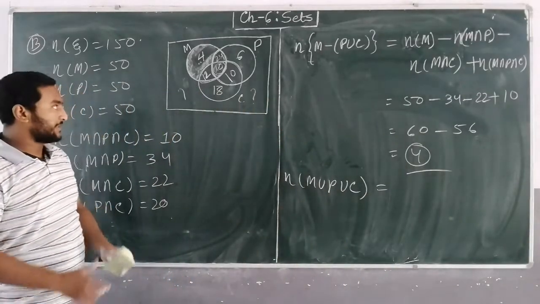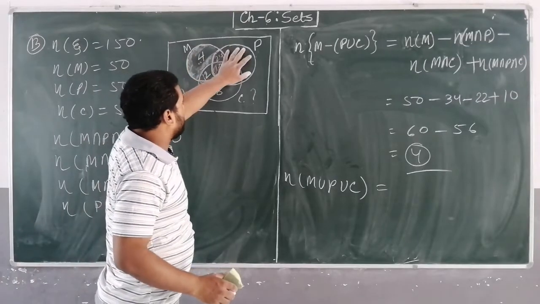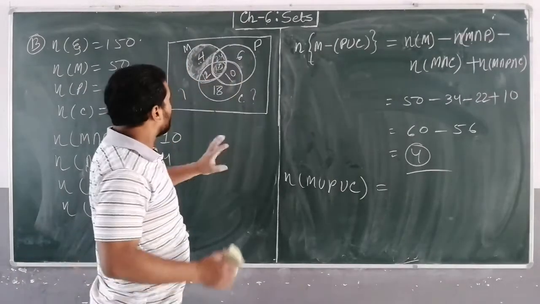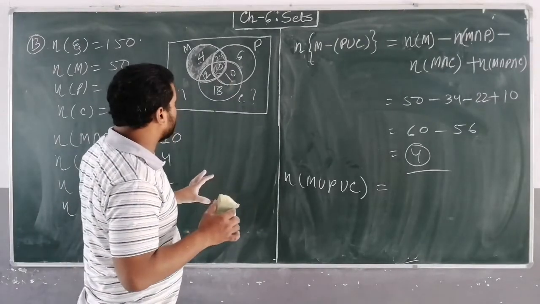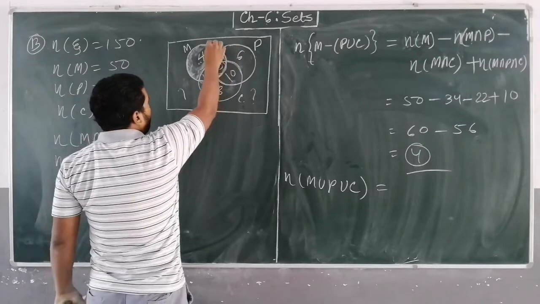Okay. Now see this. What do you have to find? M union P union C. So here one thing you can very easily find, see this.